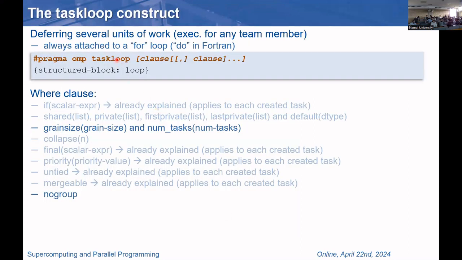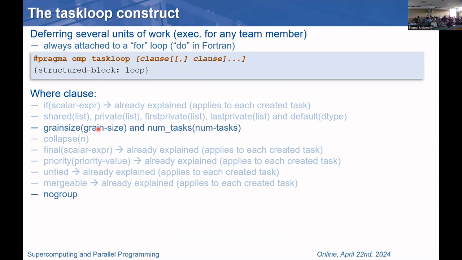So how is this taskloop? Taskloop with some clauses, where some clauses are shared with the worksharing constructs, which are already explained: shared, private, firstprivate, lastprivate, and default. This is actually coming from OpenMP 4. Then we can say the grainsize or num_tasks.